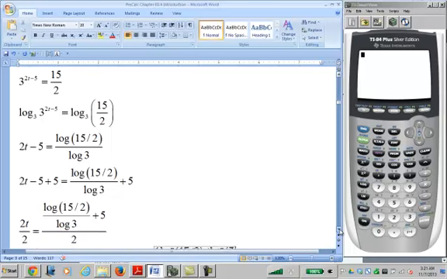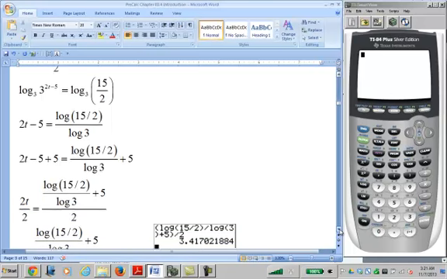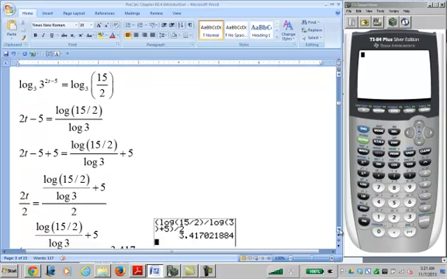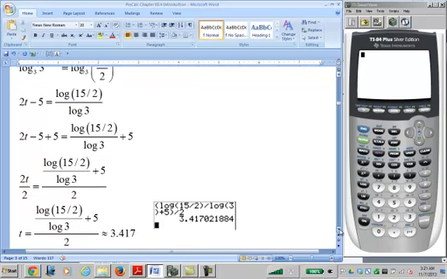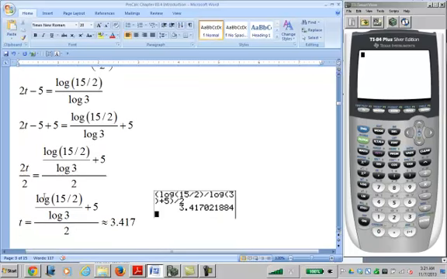Instead, we're going to isolate t, since that's our goal. So I'm doing reciprocal operations, adding 5 to both sides and dividing both sides by 2. And I now have this complex fraction here. t equals the log of 15 over 2 divided by the log of 3 plus 5, and then the whole thing divided by 2, which is approximately equal to 3.417.